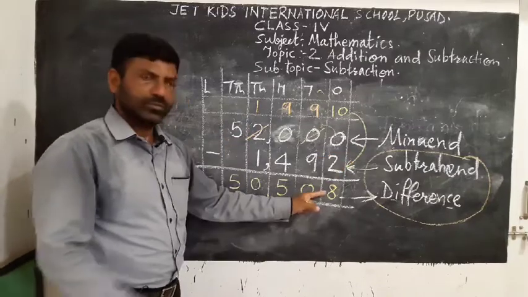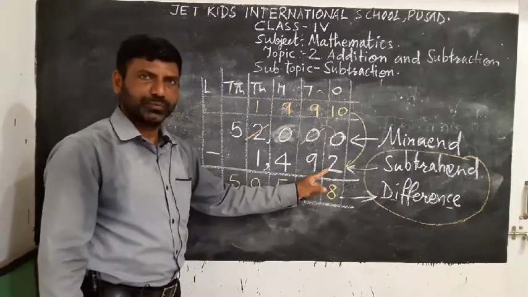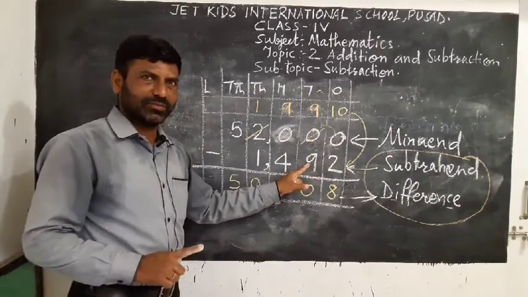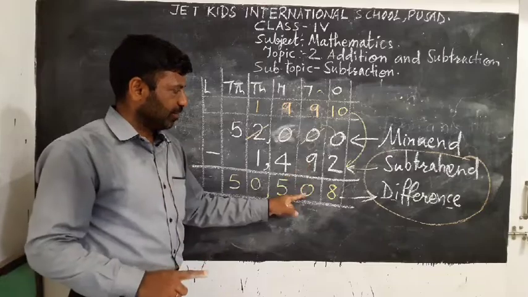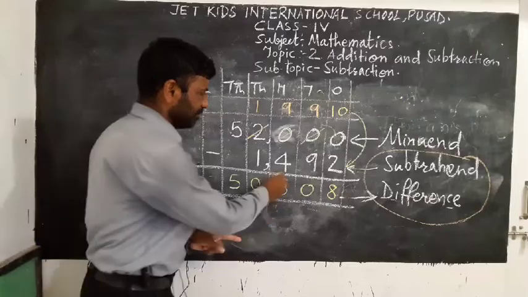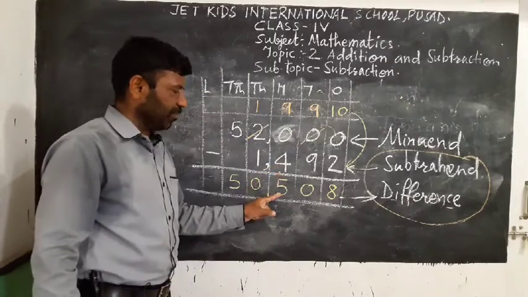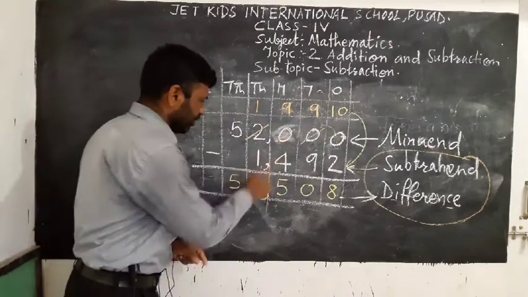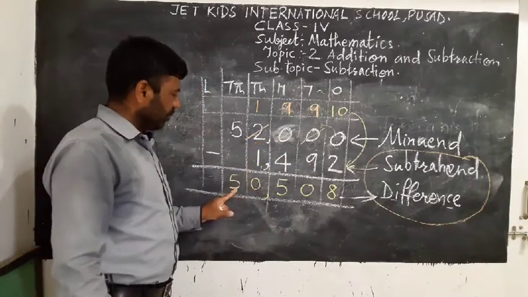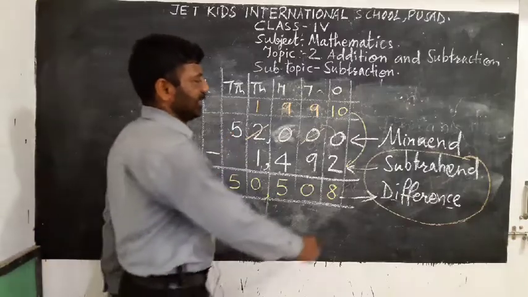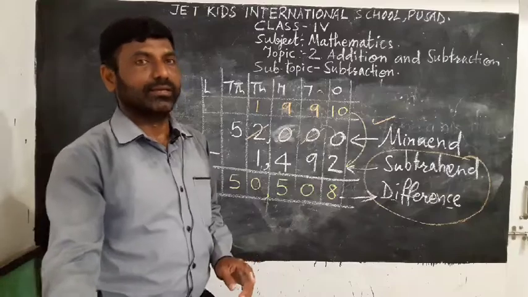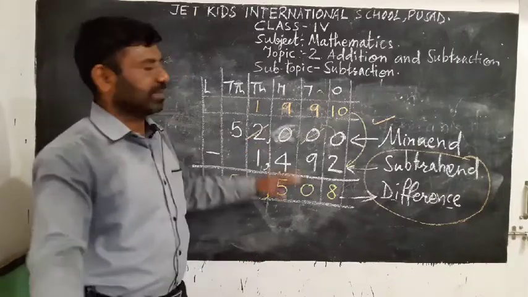Let's check orally. 8 plus 2, 10, 0, carry 1. 10 plus 9 plus 1, 10. 9 plus 0, 9, carry 1, 10, 0, again carry 1. 4 plus 1, 5, 5 plus 5, 10, 0, carry again 1. 1 plus 1, 2 plus 0, 2; here 2, here 5, 5. Means our answer is right. By this way, we can complete our subtraction.